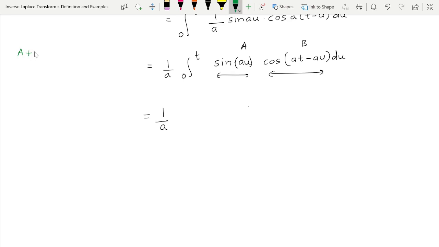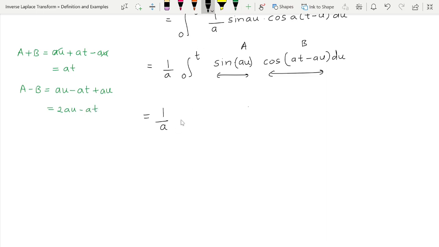So what will be my A plus B? My A plus B will be au plus at minus au, which will be at. And what will be my A minus B? My A minus B will be equal to au minus at plus au, and this will be 2au minus at.